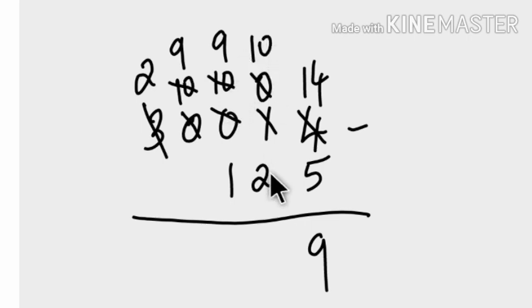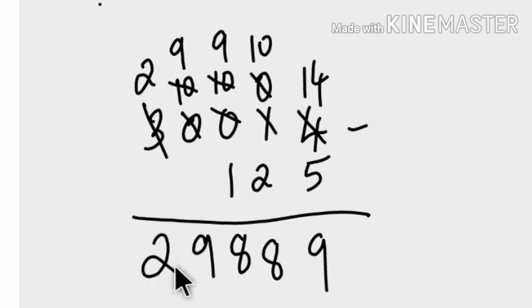Now 10 minus 2 is 8. 9 minus 1, 8. 9 minus 0, 9. 2 minus 0, 2. So this is our answer, 29,889.